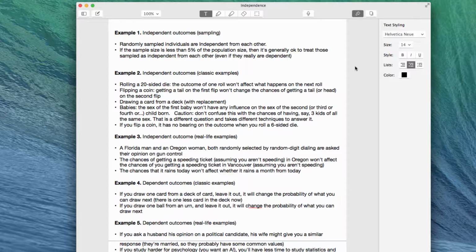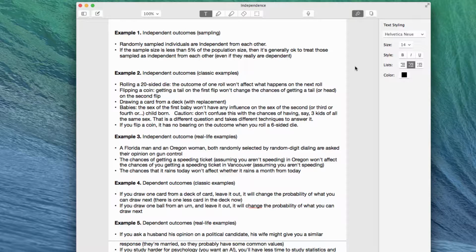Babies are another example, where the first kid is not going to have any bearing on the gender of the second kid. So if you had a girl first, when you go to have the second kid, it's still a 50-50 chance, boy or girl. I won't get into the semantics of the exact probability of boy or girl, but just go with roughly 50-50 here.